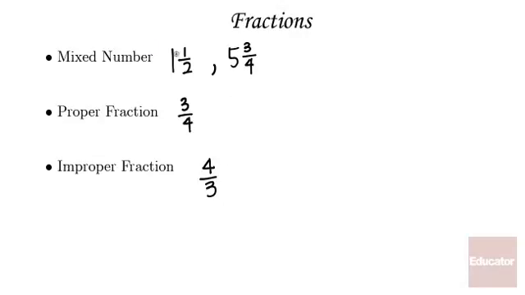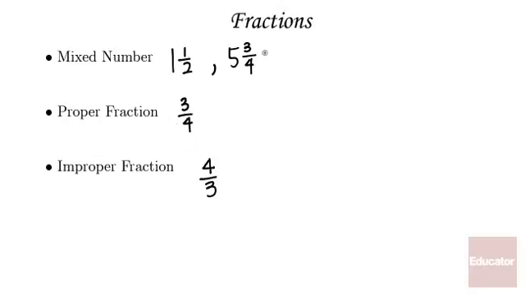So a mixed number, we know, is bigger than 1 because you have a whole number and you have a fraction, and improper fractions are bigger than 1. Since proper fractions are smaller than 1, we can't do anything to that one. That one we can't change. That one has to stay the way it is.